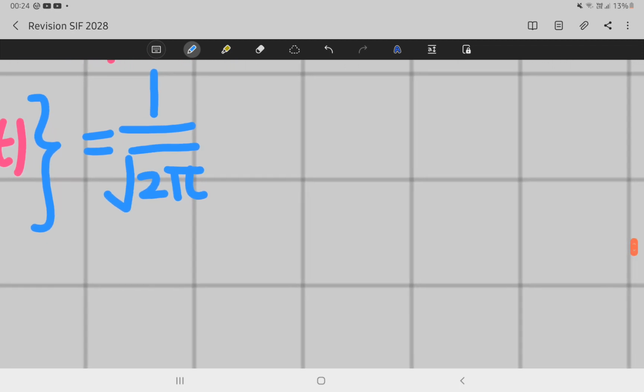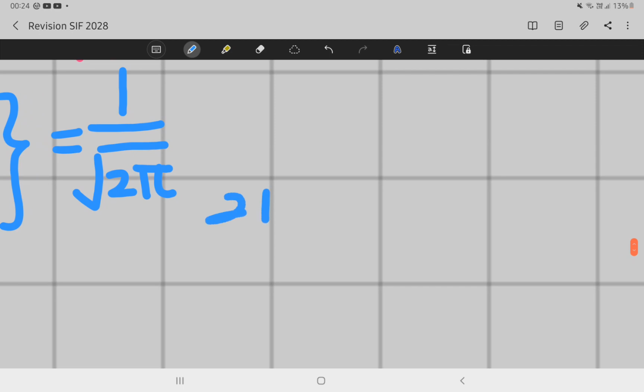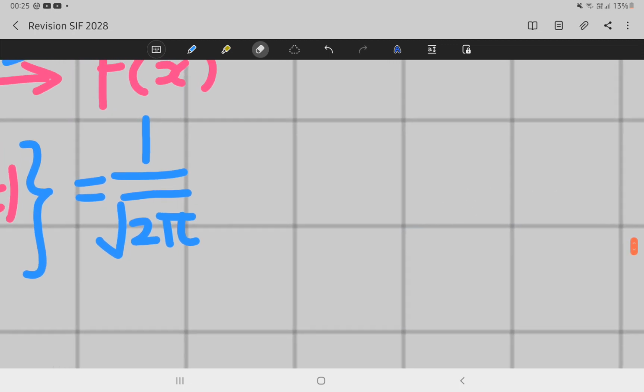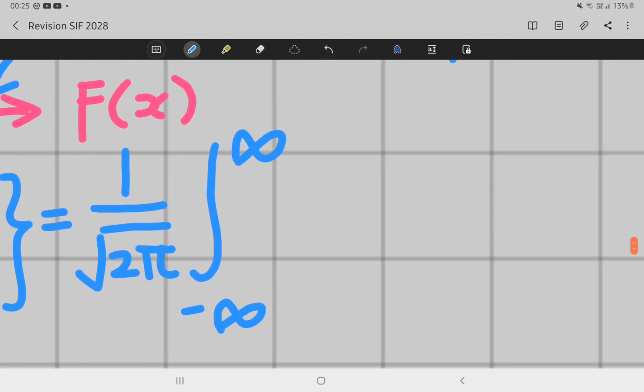Some books use, for example, 2 pi, sometimes pi, sometimes 1 over 2 pi, sometimes 1 over square root pi. It's not a big deal, it's just a normalization constant, so I will stick with this one. Integration from minus infinity to infinity, e to the i x t dt, f of t dt.